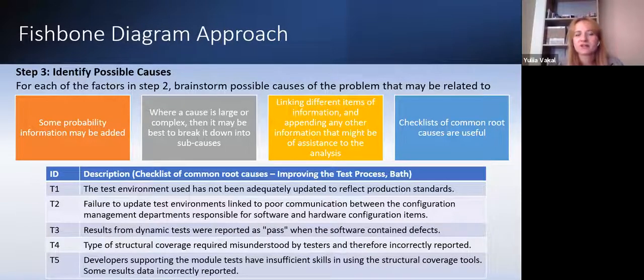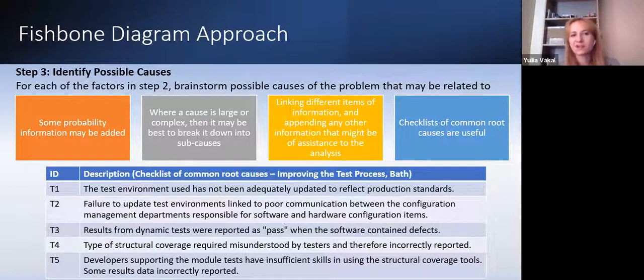We could have brainstorming sessions. Once we have some causes defined, we can add more information, some probability, because some of the causes could be more probable, some less. If you know this probability, or you could at least discuss it, this information could be very useful.